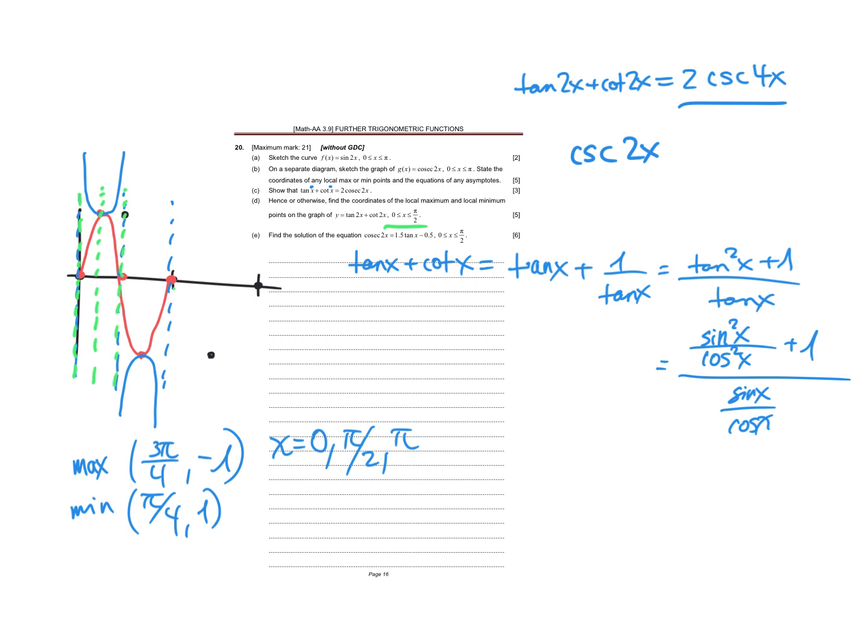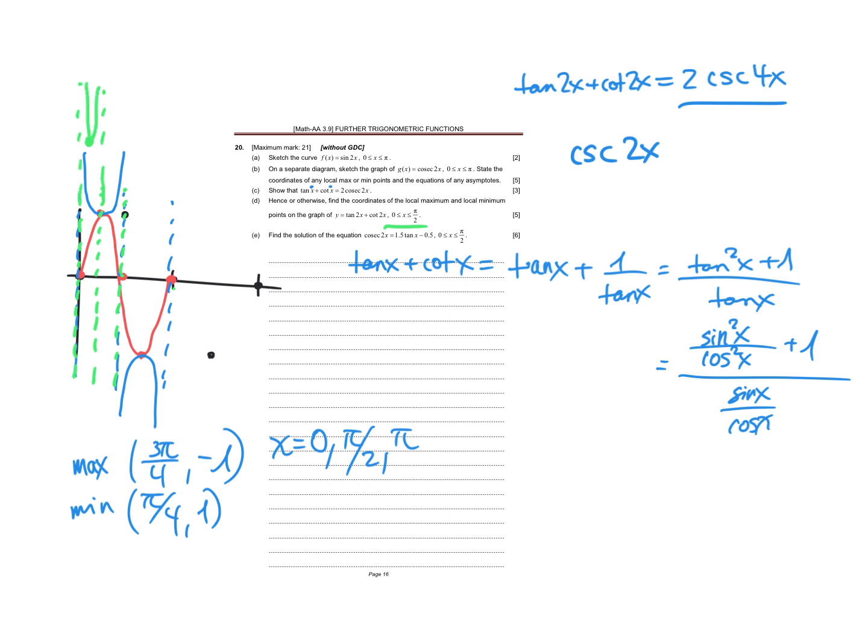So what are we looking for? Okay, so those are the asymptotes. Now this minimum here was at pi over 4. So if we divide that by 2, that's pi over 8 here. But we're also multiplying by 2. So it was at 1, so that's going to be at 2 up here.